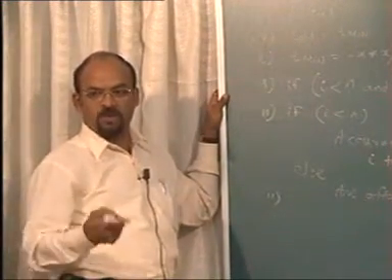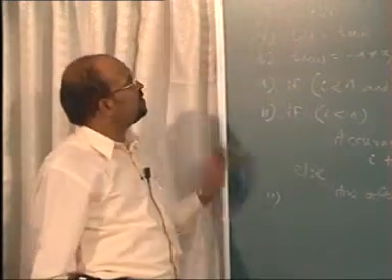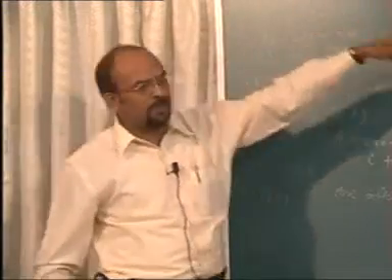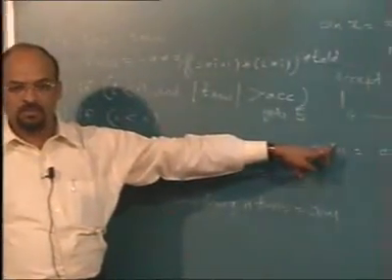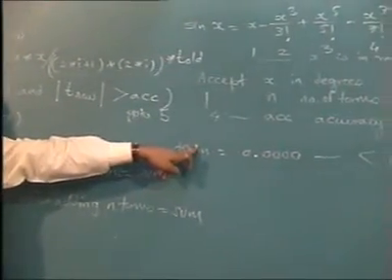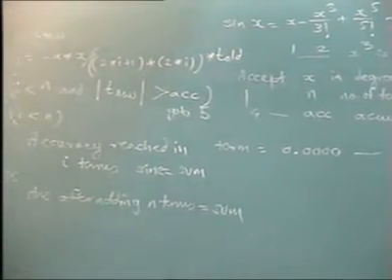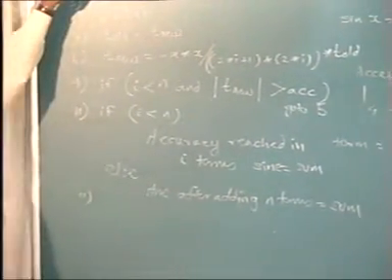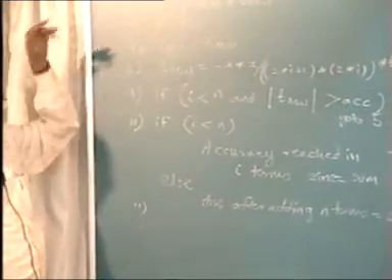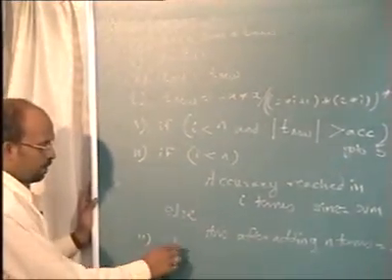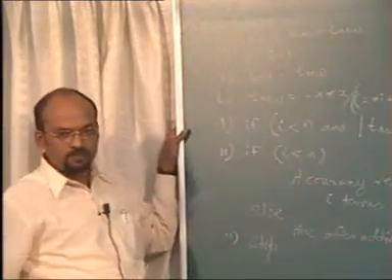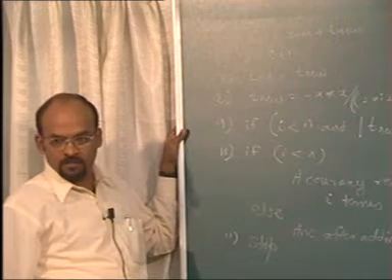You want to check for some other angle? If yes, go back all the way to step 1. Accept x, n, accuracy, and repeat the whole thing. That's why my initialization is here. Okay, that could be one choice, or it could be stop. Got it?